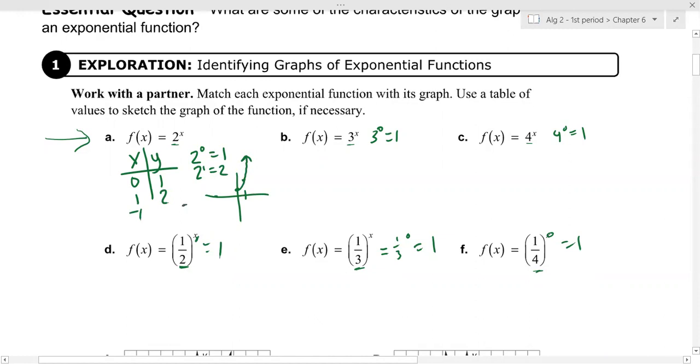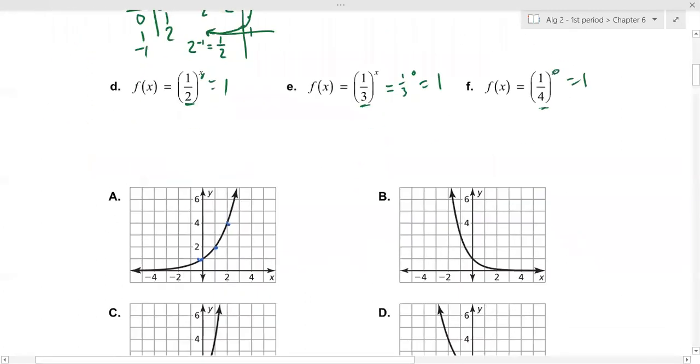Then I've got 2 to the negative 1, which is 1 over 2. And all the negative numbers that I plug in are just going to get smaller and smaller fractions, but they're never going to be 0, and they're never going to be negative. So actually this graph matches graph A down here.